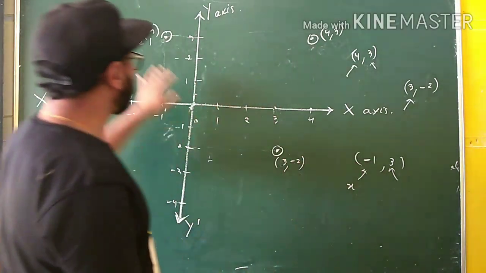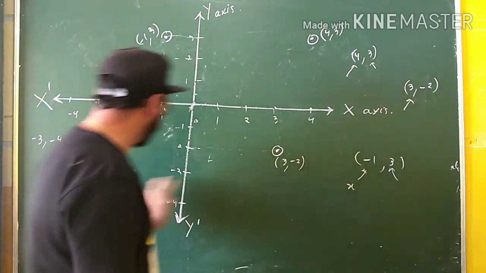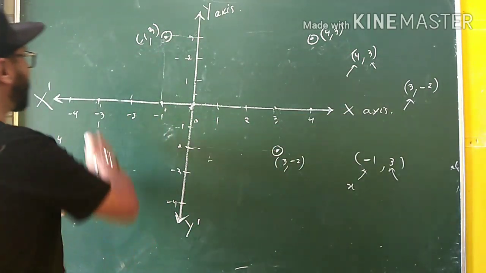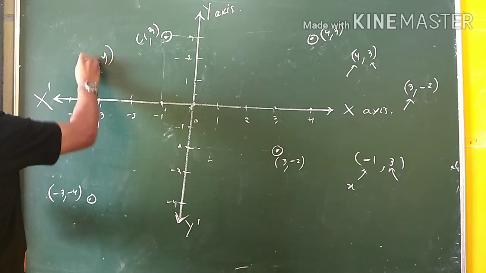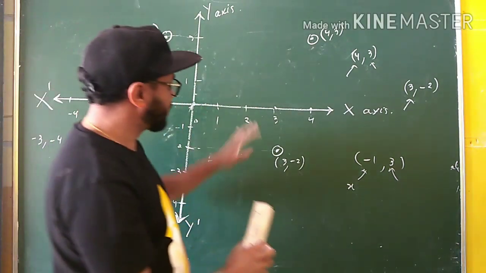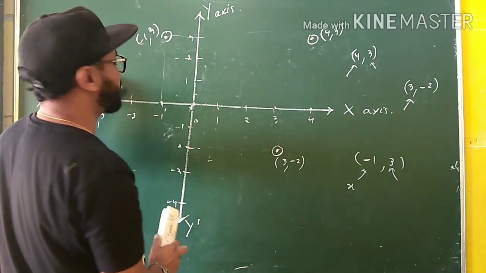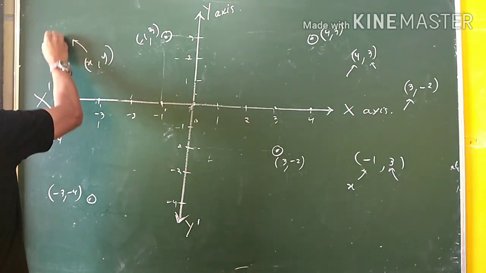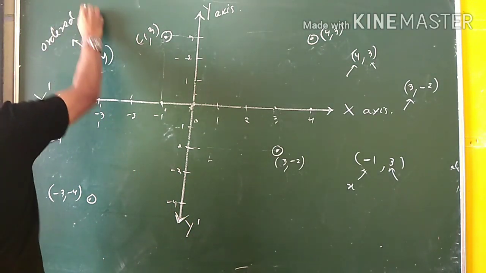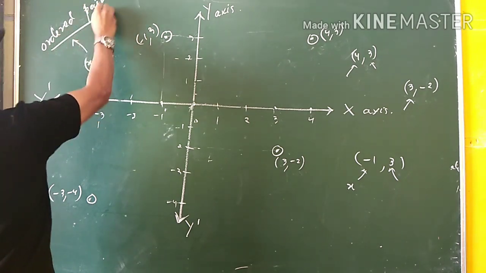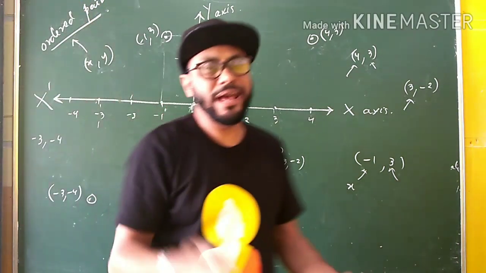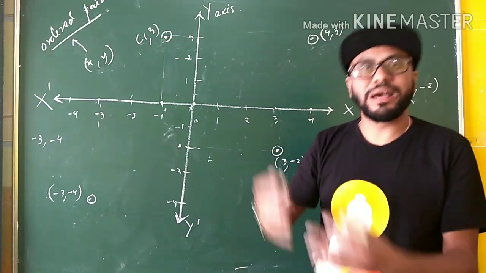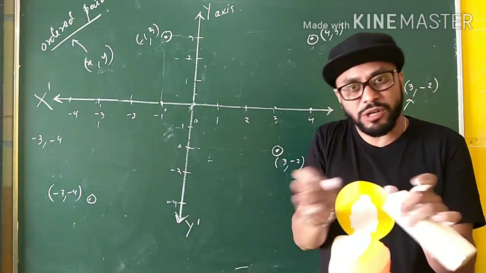If you look at each coordinate here, it means the value of x and y. If you put the value of x and y together, then it is called a coordinate, and it is also called ordered pairs. Like a flower and a pot, shoe and socks, there is some kind of relation.